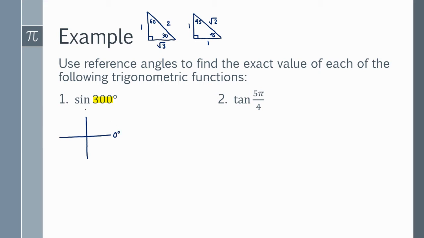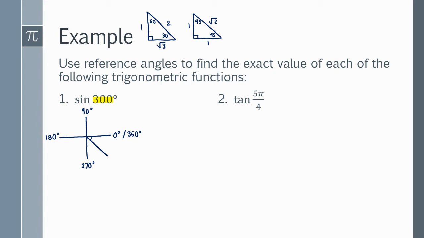We go counterclockwise. So 90 degrees is here, 180 is right here, 270 is down there, and then we're back to 360. Where does 300 fall? It's going to fall in between the 270 and the 360. So we are going to deal with trying to find this little reference angle right there.